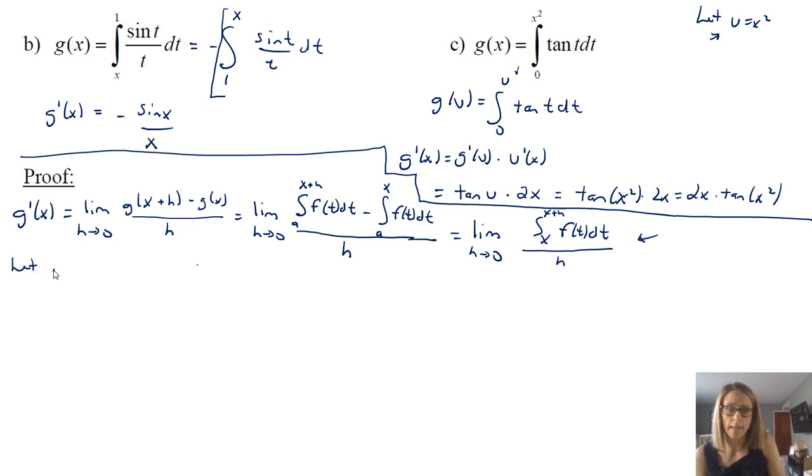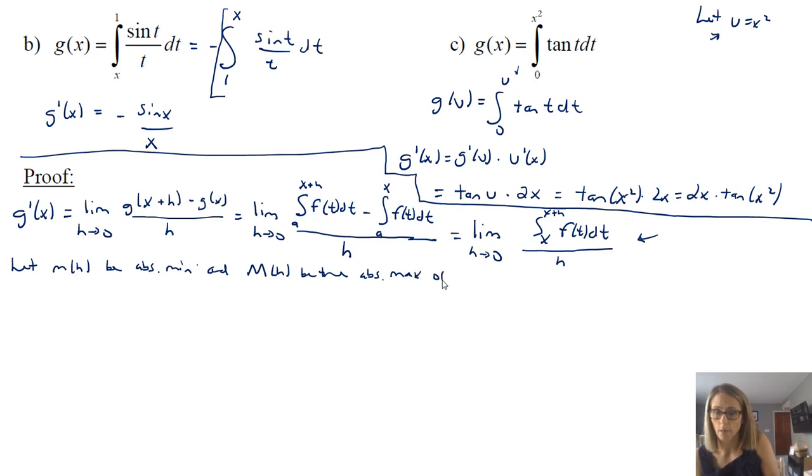Let little m of h be the absolute min, and big M of h be the absolute max on the interval x to x plus h.